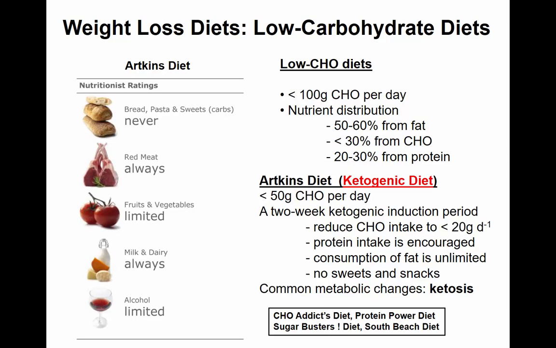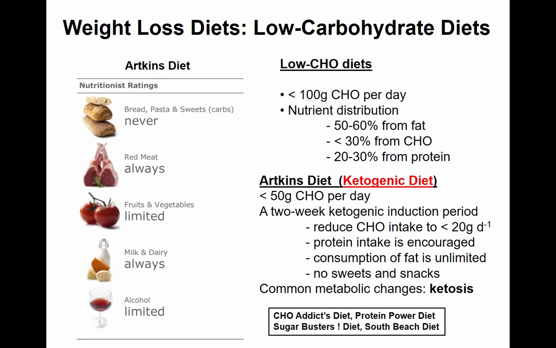That type of diet has fat contributing 50 to 60% of energy, less than 30% of energy from carbohydrate, and 20 to 30% of energy from protein per day. Particular types of low carbohydrate diet are the Atkins diet or a ketogenic diet. Have you heard about the Atkins diet, right?